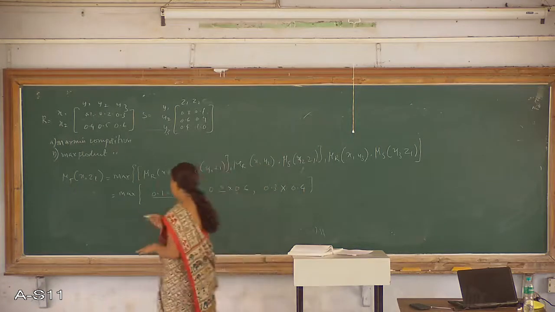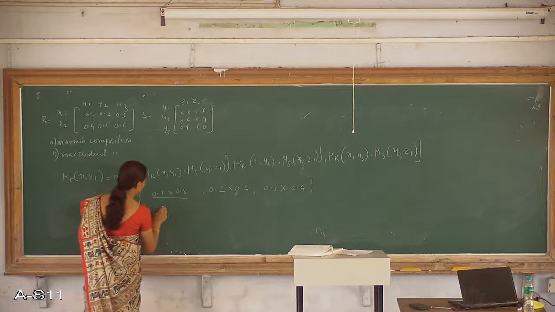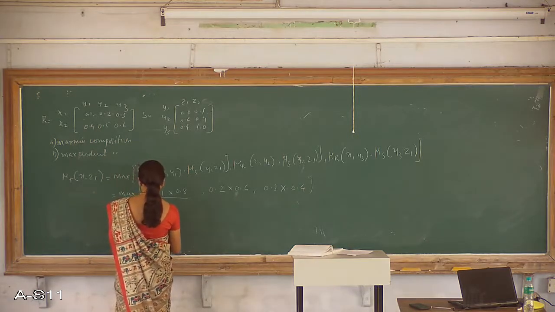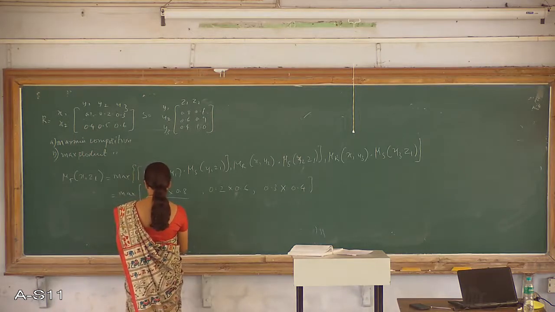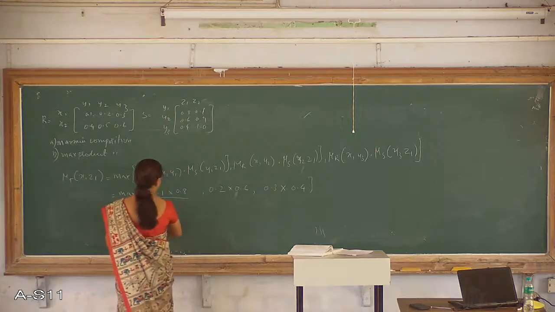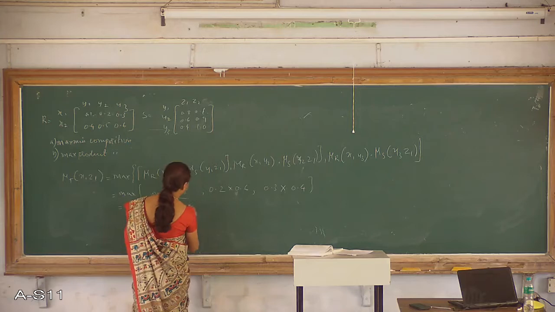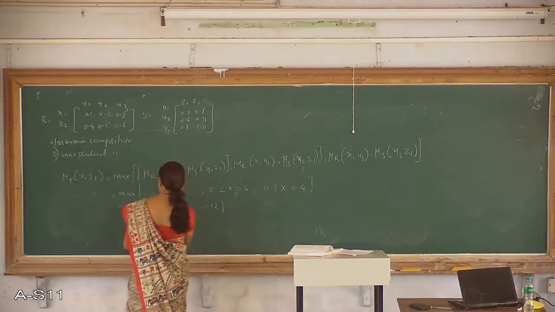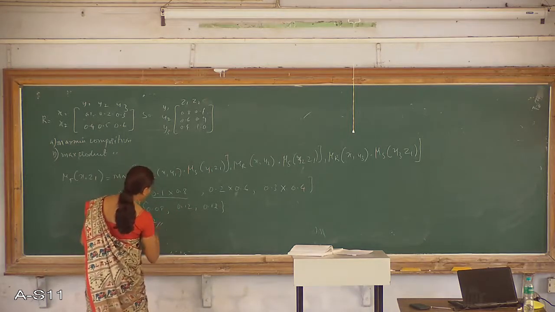So I need to multiply these two: 0.1 into 0.8 is 0.08. Next I have 0.2 into 0.6, it is 0.12. Max among these: 0.12 will be my answer.